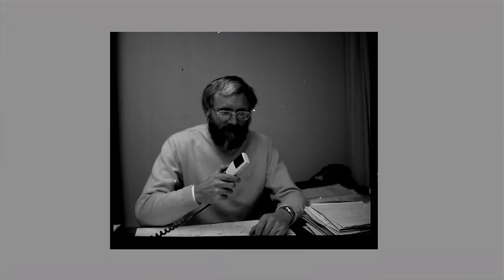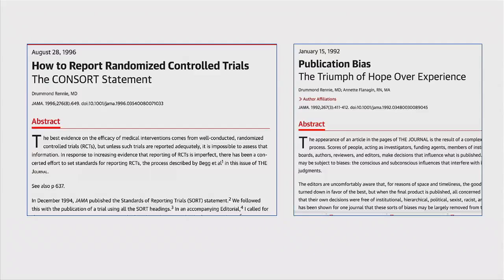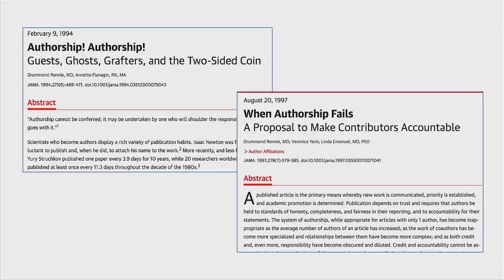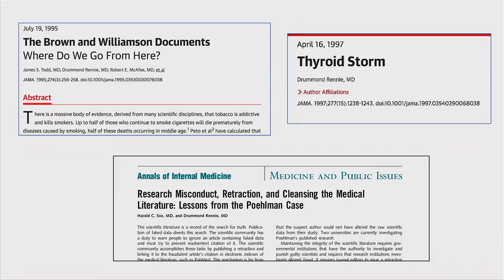As deputy editor, he was an early adopter of advanced technology. Then Drummond saw the light and moved to JAMA in Chicago, where he edited, wrote, tested, and measured, and advocated for all that's right. He preached quality of reporting and exposure of bias, honesty for authors, credit for contributors, registration for trials, and transparency for science, and exposed crooks, rogues, and scientific fraudsters.